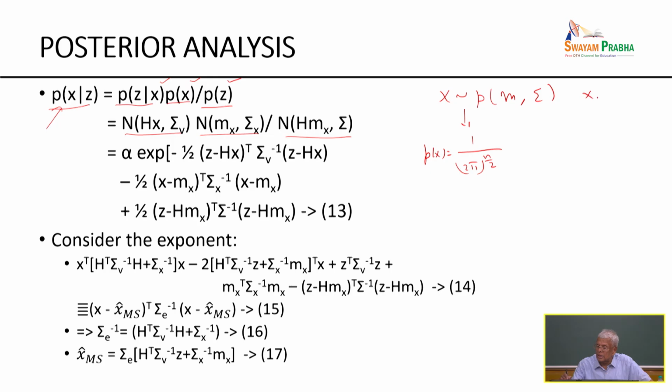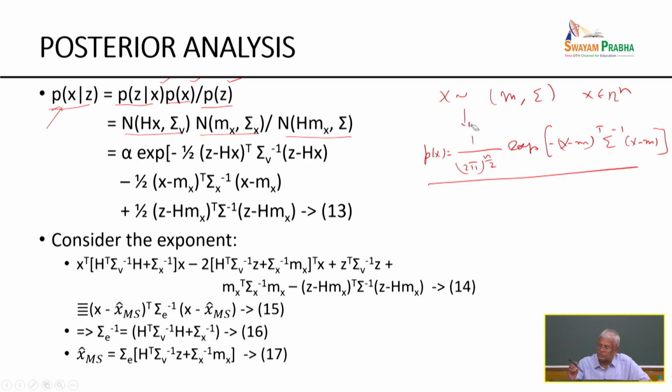Here I am assuming x is in R^n. So this is the general result: exponential of minus x minus m transpose sigma inverse x minus m. That is the general formula for the multivariate Gaussian density. So I'm going to have to apply this.